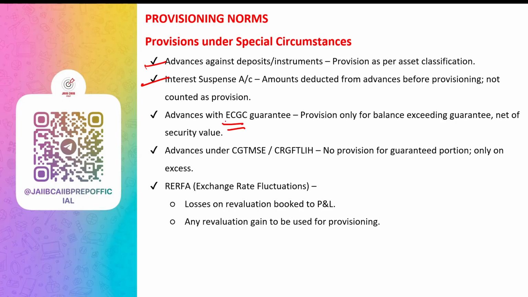Advances covered under CGTMSE or CRGFTLIH guarantees. So these are schemes for micro and small enterprises and low income housing. If such loans become NPA, banks do not make provision on the guaranteed portion. Provisions are required only on the amount which is beyond the guaranteed portion.